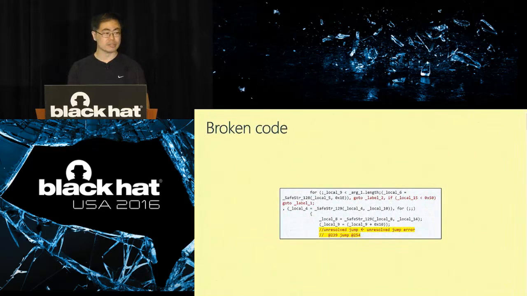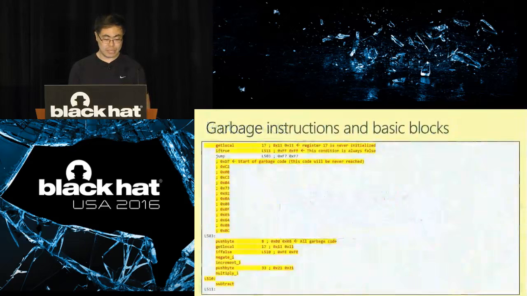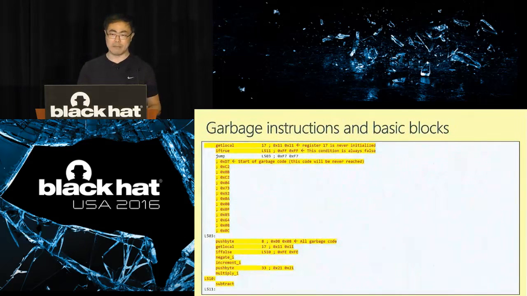They are broken decompiled code, so you can't recompile it, right? And if you open the file in a disassembler, not a decompiler, you can see that there is some garbage code, and actually one garbage basic block. The code at the bottom, label 503, will never be called. In that way, they put a bunch of garbage code there, and it confuses the decompilers.